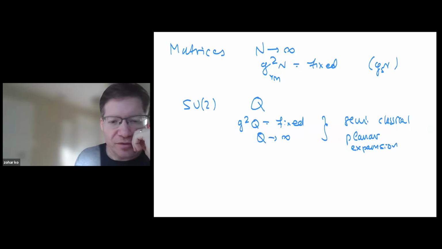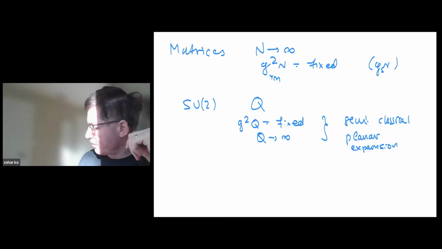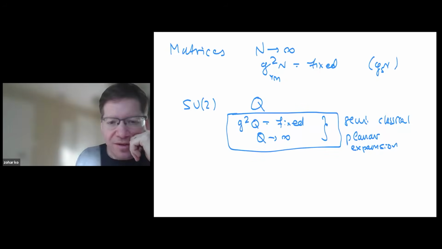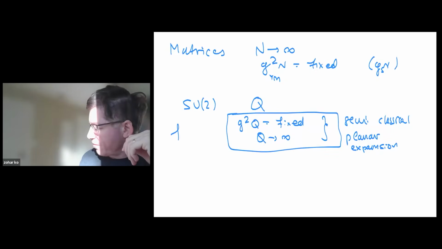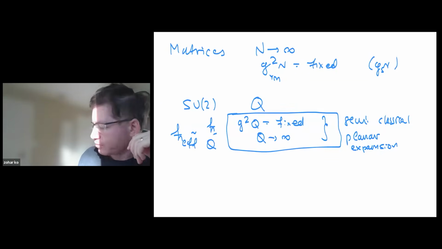And then you can try to use them as an approximation. So even in SU(2) gauge theory, we now know that under certain circumstances, you can resum the whole perturbation theory, and you get something like a planar expansion. So here you could say that h bar becomes effectively the original h bar divided by Q.